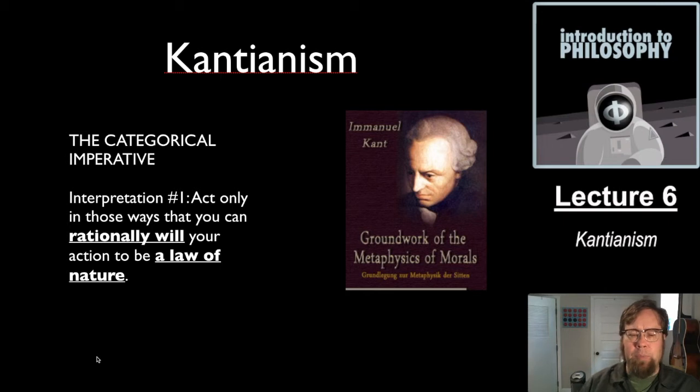So here's one way to put both of these things. What it means to rationally will something, we might say, is to imagine it without there being any contradictions. So I can give you various descriptions, and then you can think about them and see if there's any contradictions in them. What if I described a table? I just made a table, and it's in my workshop, and I tell you this table is a triangle.